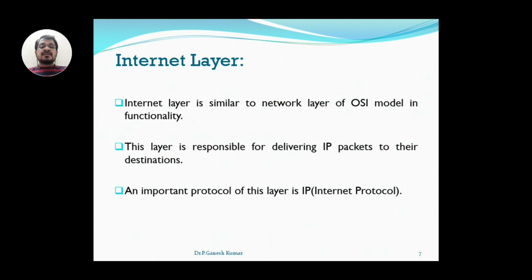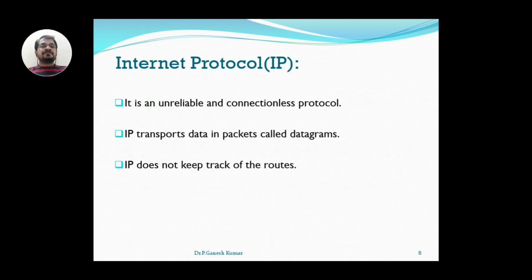It means it is going to perform the routing of the packets from source network to the destination network, depending on the source and destination addresses. In the same way, this layer is responsible for delivering IP packets to the destination network. An important protocol of this layer is the IP protocol.